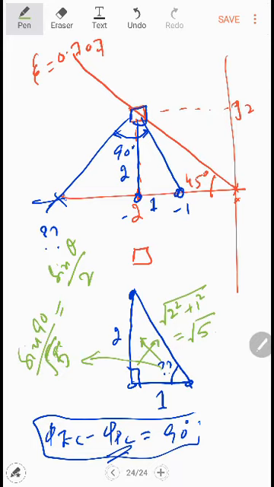So we can find the angle from this, and the angle will be equal to 63.43 degrees.